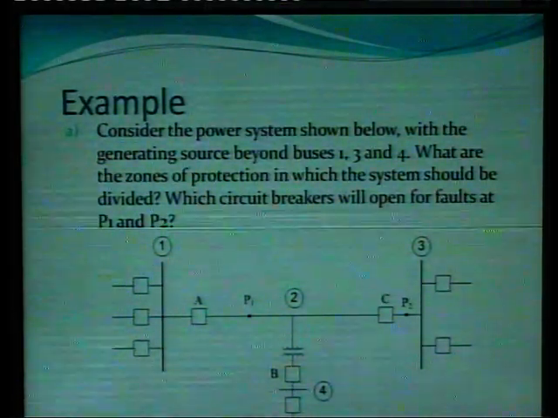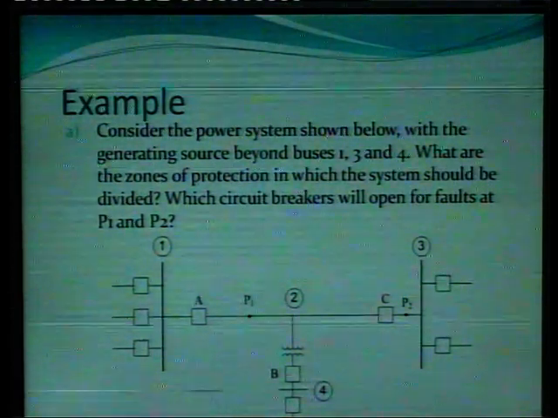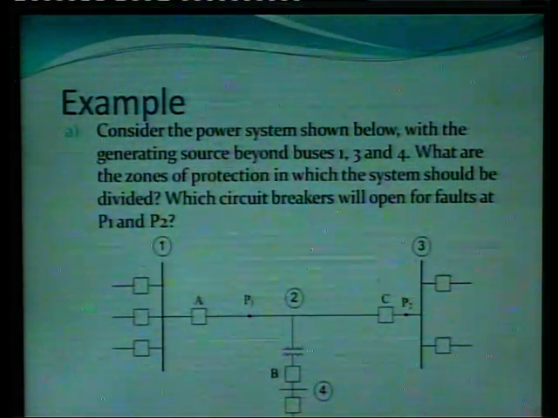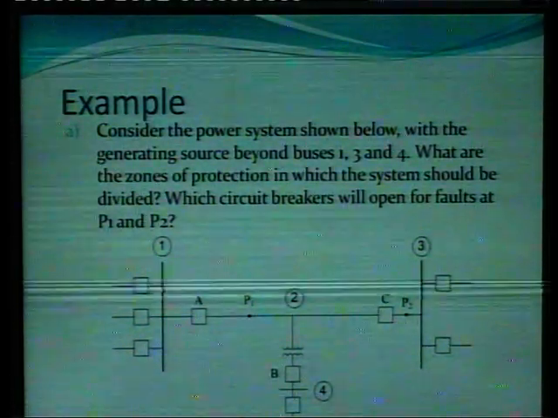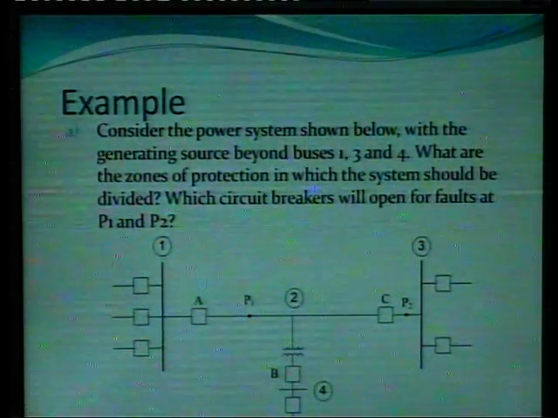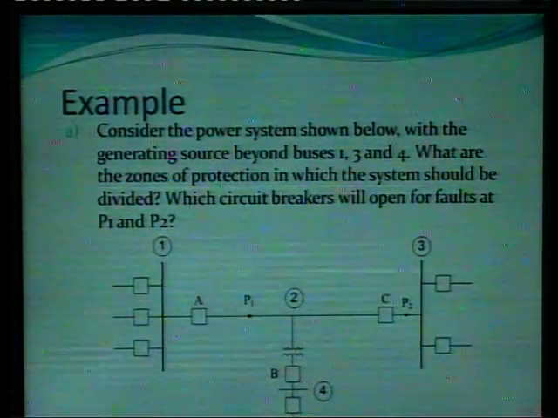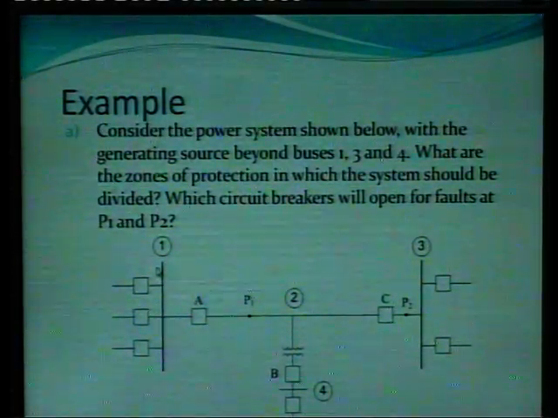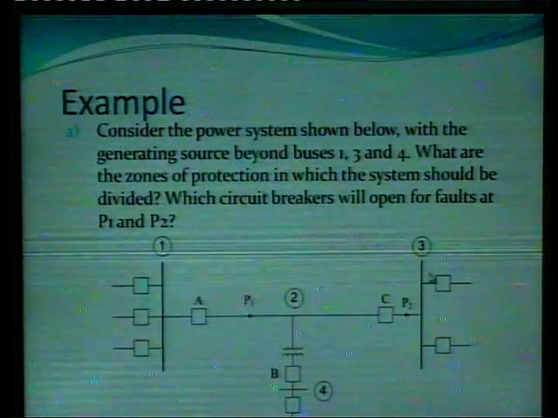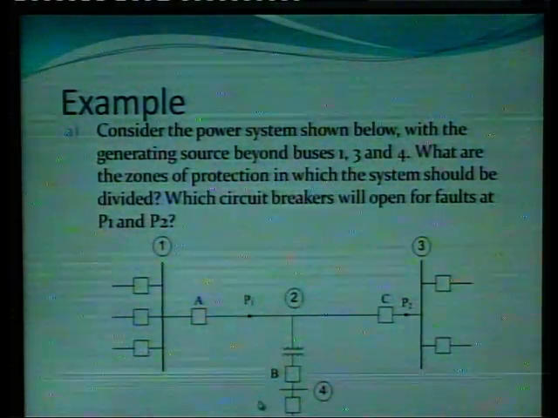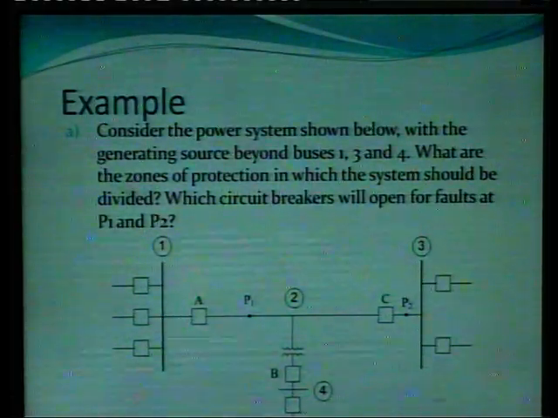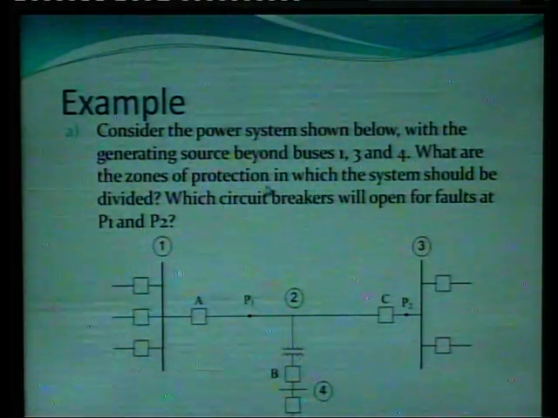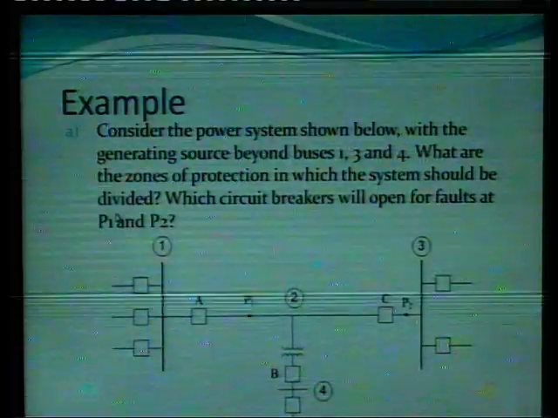Now let us consider an example. Consider the power system shown below with the generating source beyond buses 1, 3 and 4. Now there are 3 buses 1, 3 and 4. Now you know what are the zones of protection in which the system would be divided.